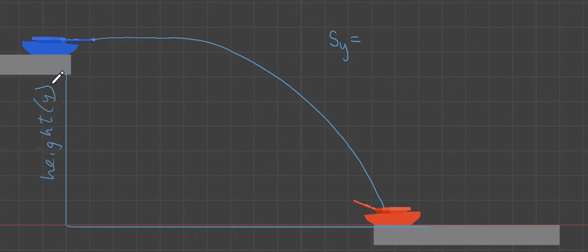That's the y-axis. So the way you commonly write an equation of this kind, we would say it's a times t squared plus b.